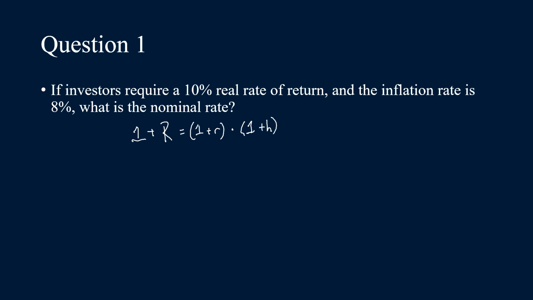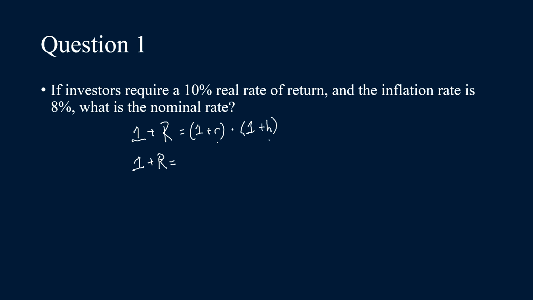So if you recall, the big R is our nominal rate of return, the small r is our real rate of return, and then the h is our inflation rate. Okay, so we have 1 plus R, and it's asking us to figure out what the nominal rate is, which is what that is.